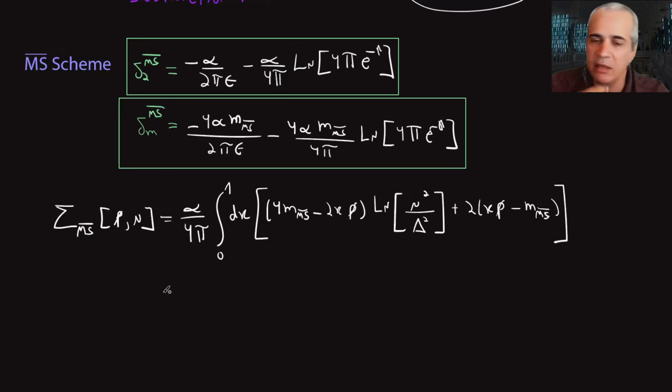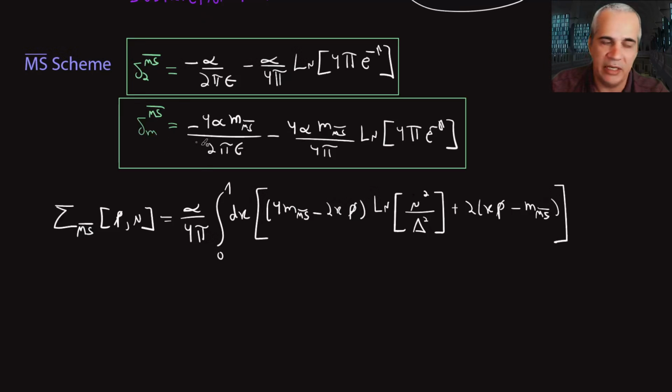Now, suppose I'm doing this scheme for the electron, right? That shouldn't change anything, I'm just writing the same theory in terms of these other variables, making my counterterms different.